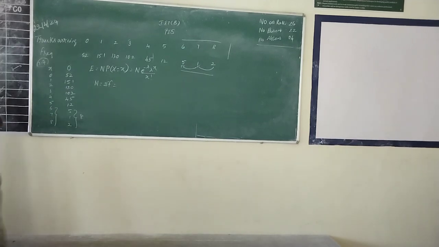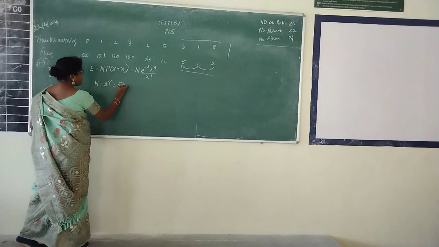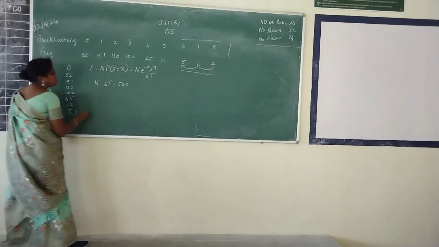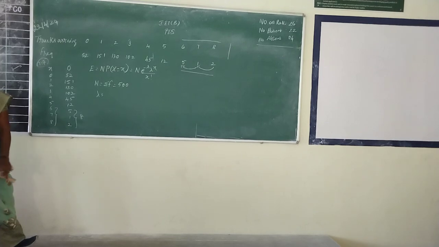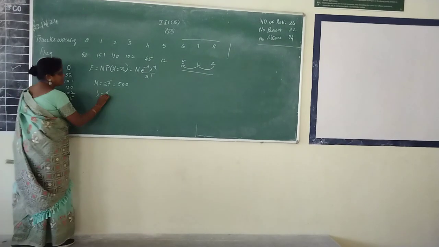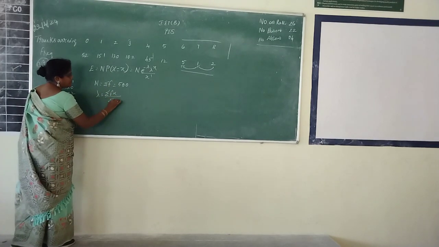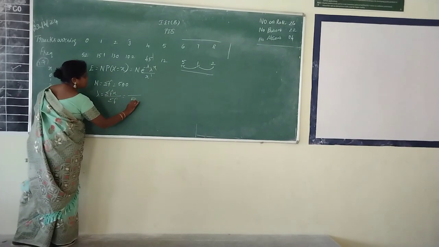N is 500. Next, to substitute in this, you need lambda. What is the formula for lambda? Summation of fx by summation of f. Summation of f is 500.